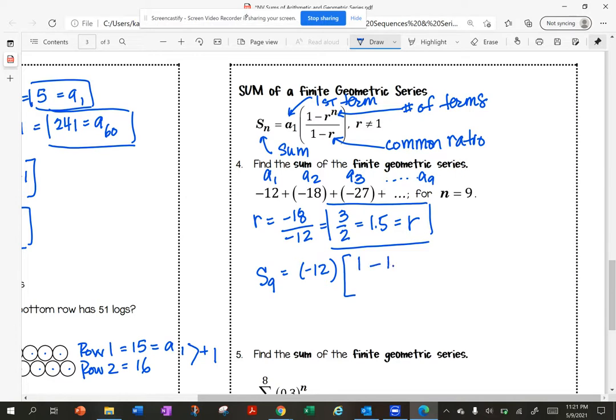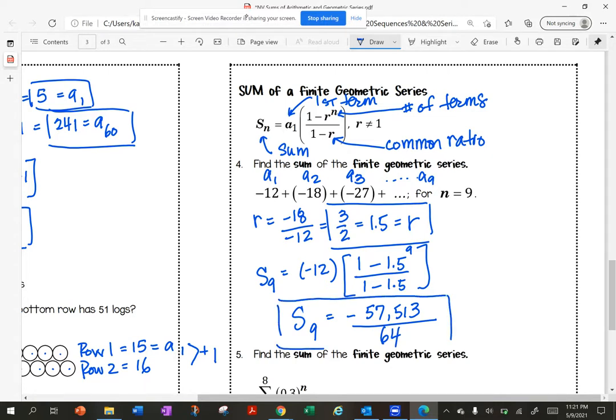It's probably going to be easier to put this in as a decimal: 1.5 raised to the 9th power over 1 minus 1.5. So I get the sum of my 9 terms, and we want to show this as a fraction, is negative 57,513 divided by 64. I don't want a decimal because that would be rounding. I'm interested in an exact answer.